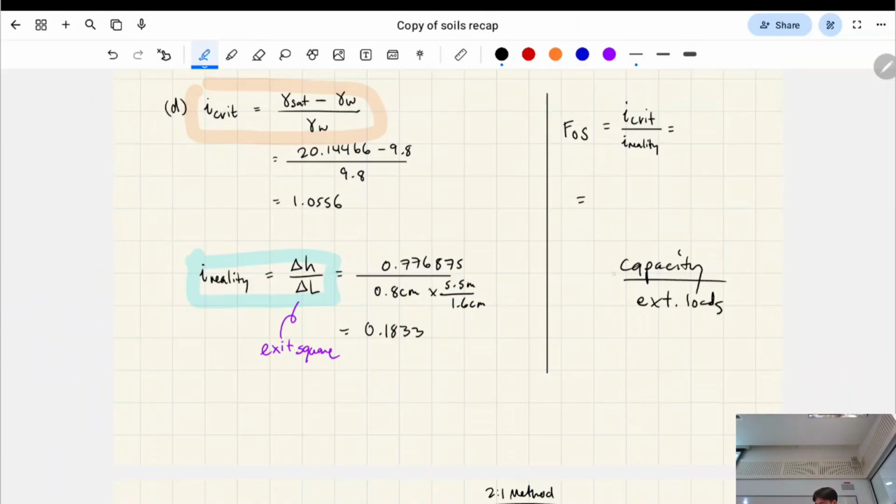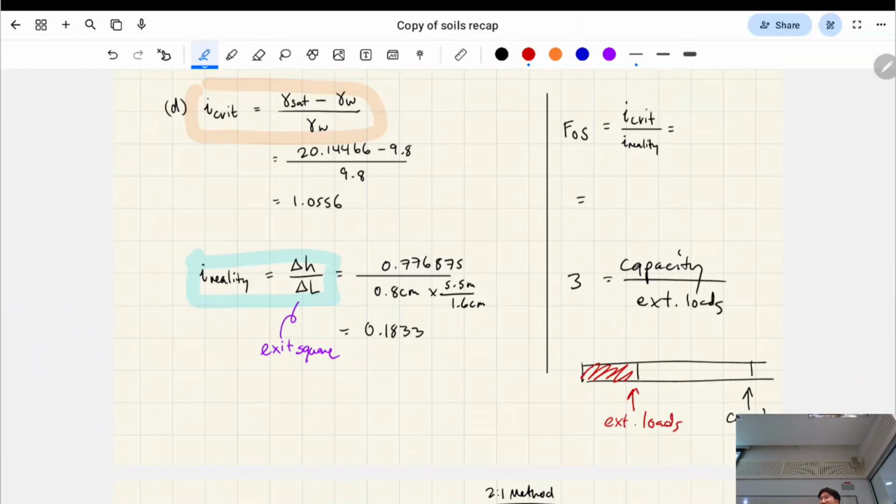So when you're designing for a factor of safety of, say, 3, let's say that this is like a health bar, and this is the capacity that your soil or geotechnical structure can handle. What we're saying with a factor of safety of 3 is that this is the max amount of loads that's allowed on it, 3 times less than its actual capacity.